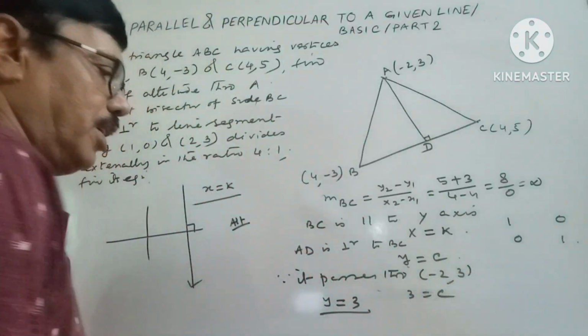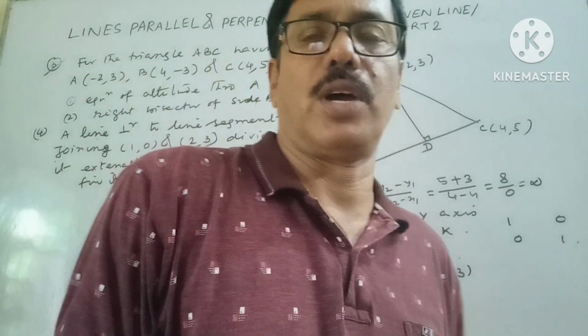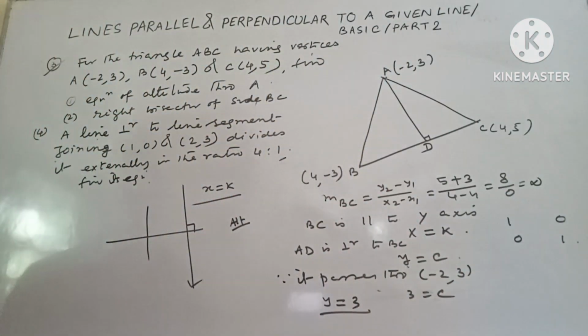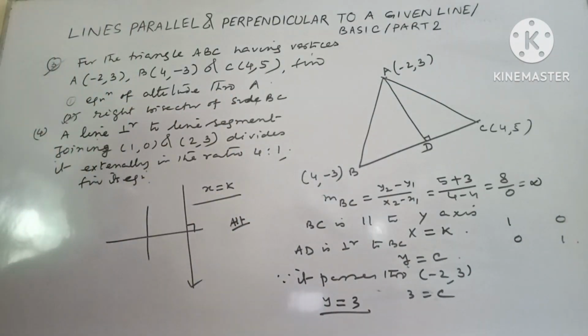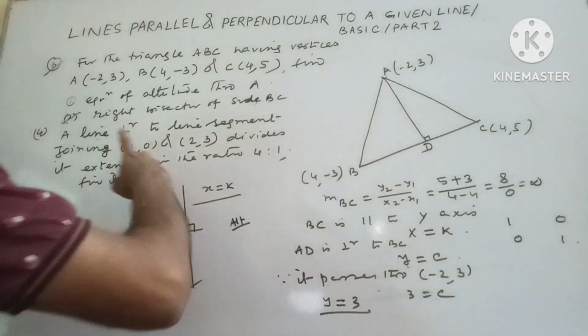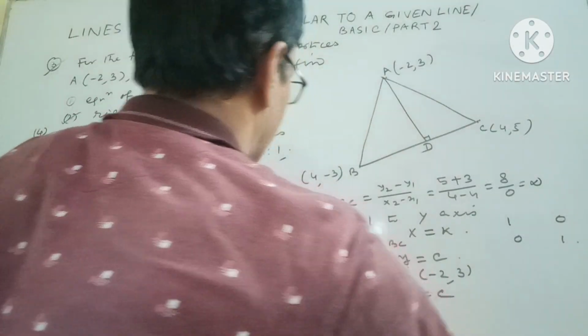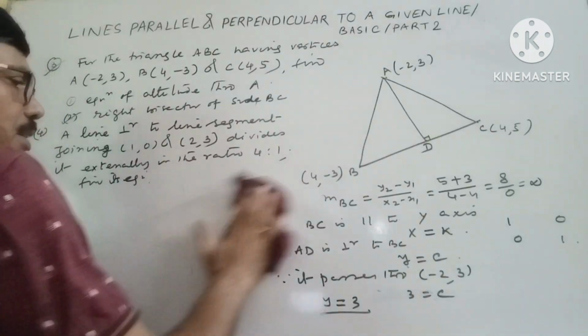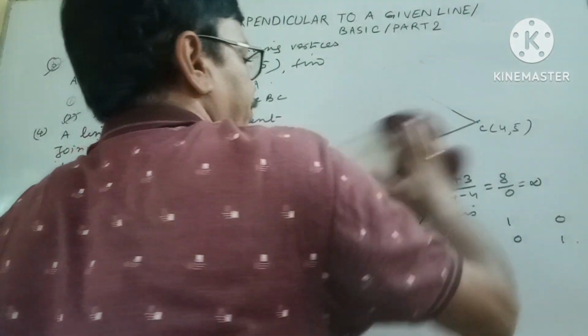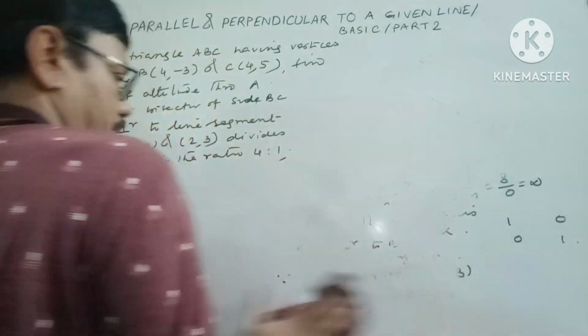So passing through minus 2, 3, you get y equals 3. Now the second one is the right bisector of the side BC. You know how to find the right bisector. I have already completed it in the previous problem, so you complete it.